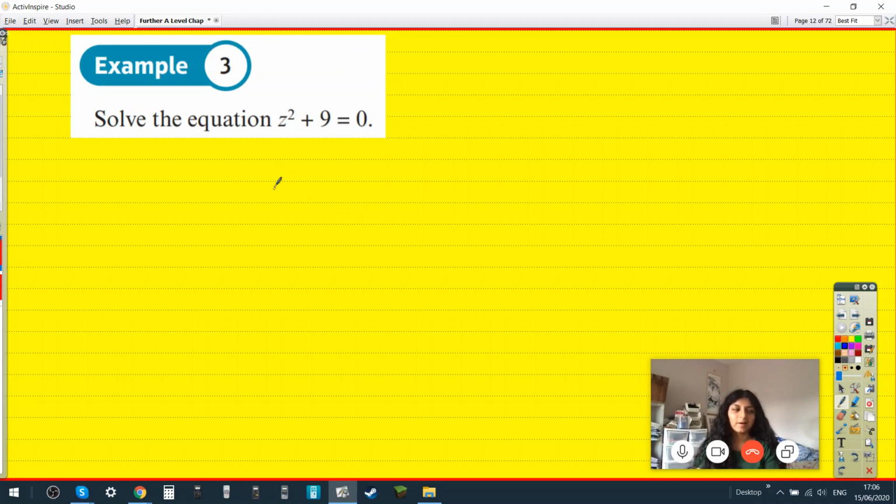And then you could square root both sides, so then you just have 3i. And is there another very similar number that when you square it, you will also get minus 9? Minus 3i? There you go. Plus or minus 3i.